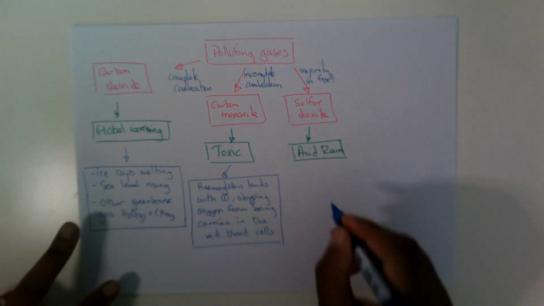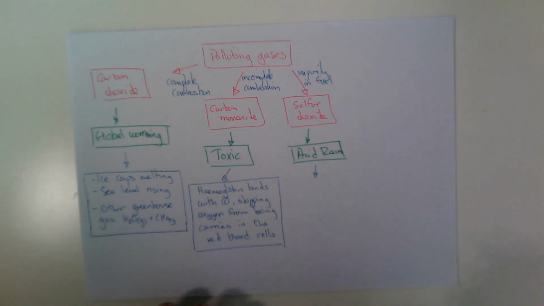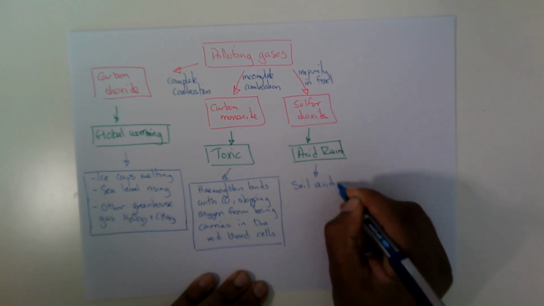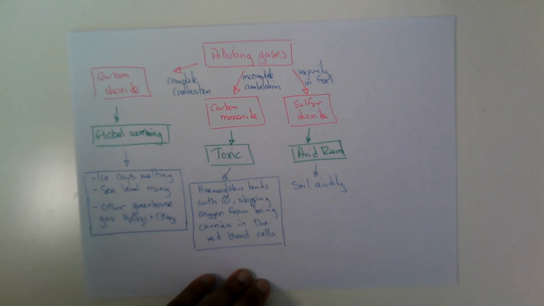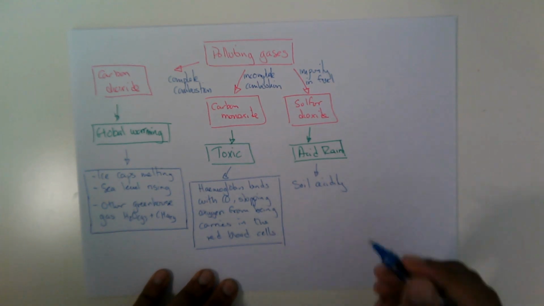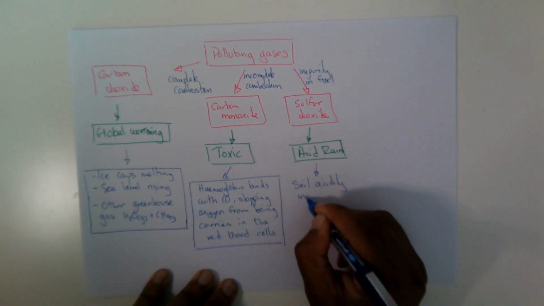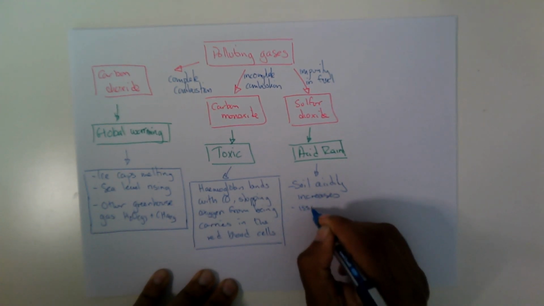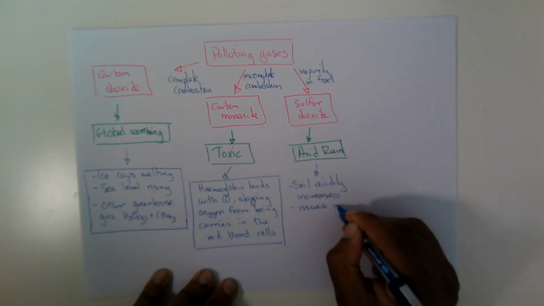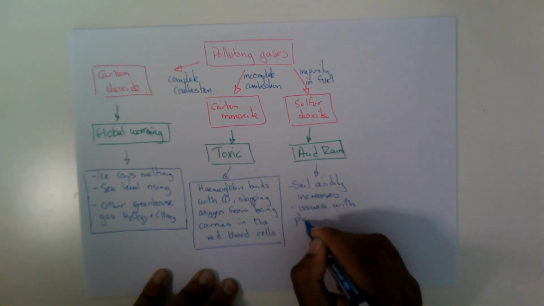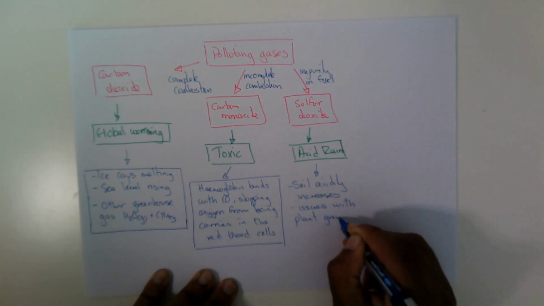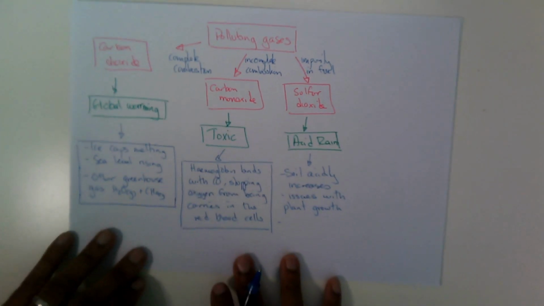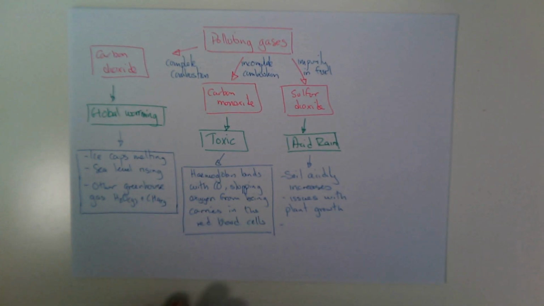The main issue is that soil acidity increases, so soil becomes more acidic, which causes issues with plant growth.